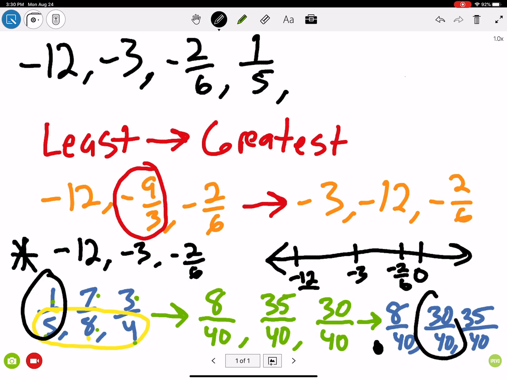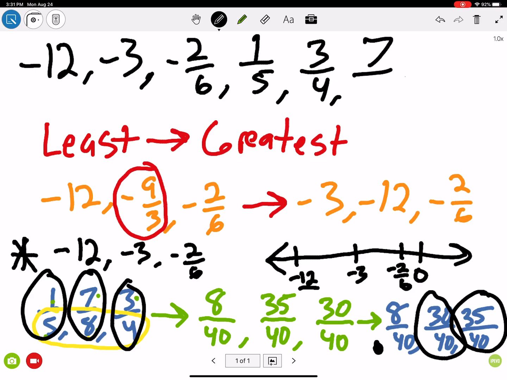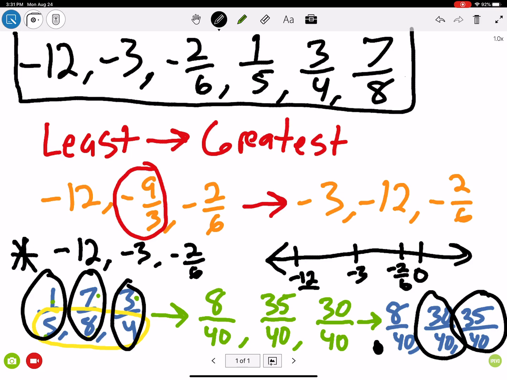We got this 30 over 40 from 3/4. And then we got 35 over 40 from 7/8. Okay, so this is my final answer. From least to greatest, those 6 numbers are listed this way: negative 12, negative 3, negative 2/6, 1/5, 3/4, and 7/8. If you have any questions, let me know.